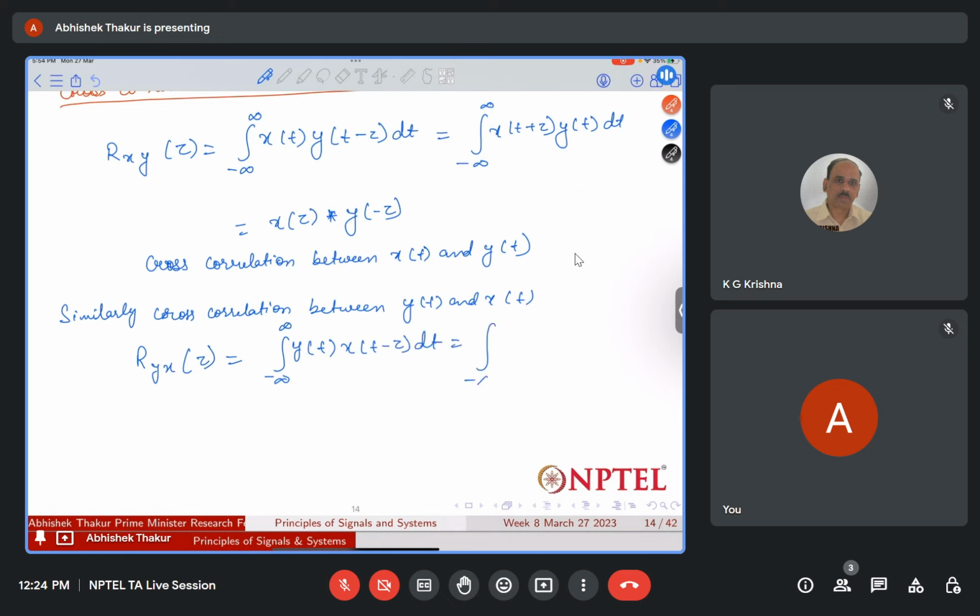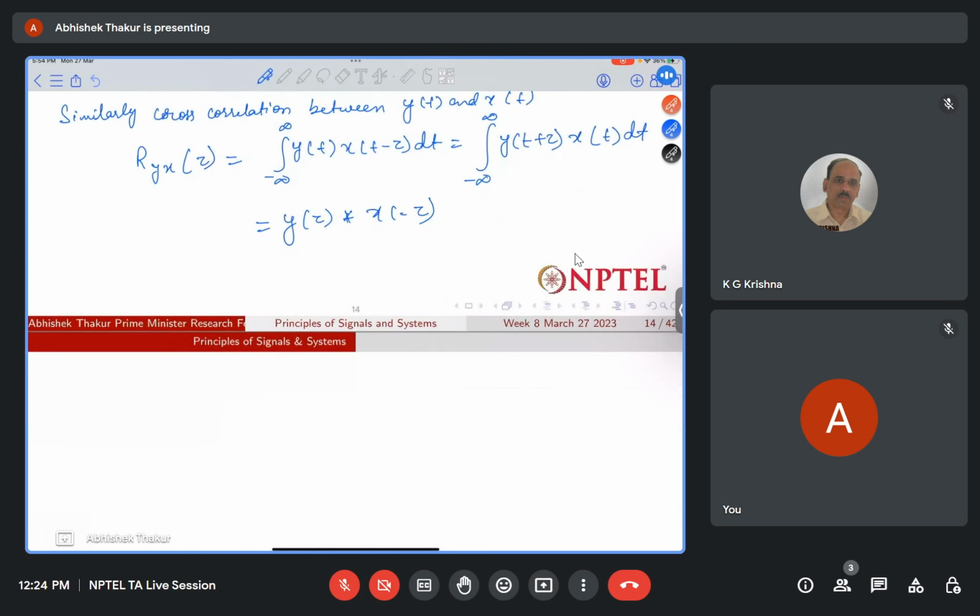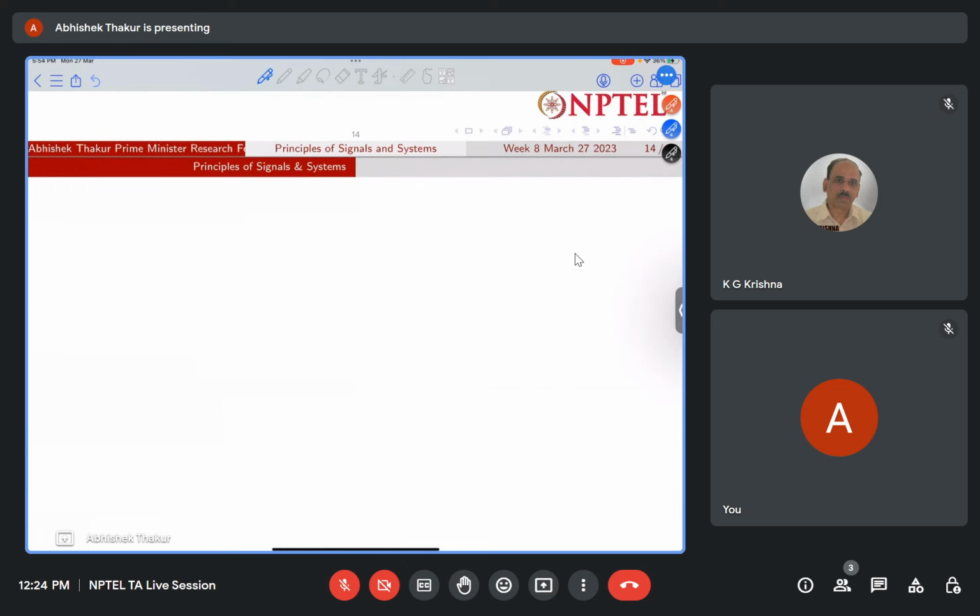That can also be written by adding t + tau in y and x(t) dt. So this will become y(tau) convolved with x(-tau). In this way we can represent Ryx(tau). Now we will see some of the properties for the cross correlation function.